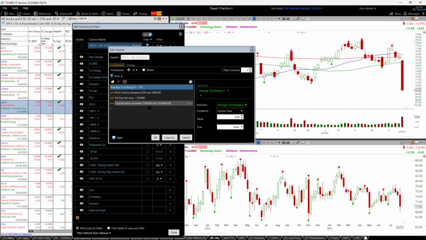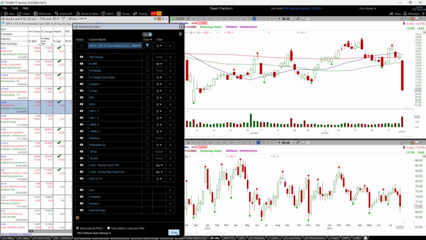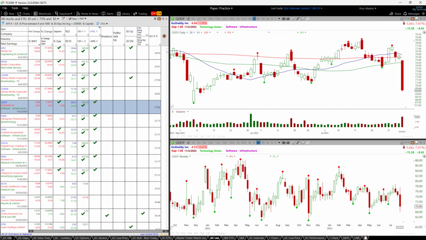But I don't care how big the stock is. So that narrows things down. As you can see here, 1,070 stocks. Now I could go down and look at 1,000 stocks relatively quickly with this software. But if I want to look for specific things, I can create little scans within the scan.